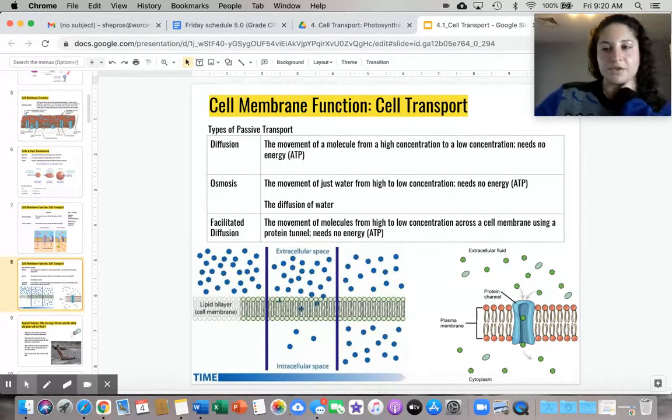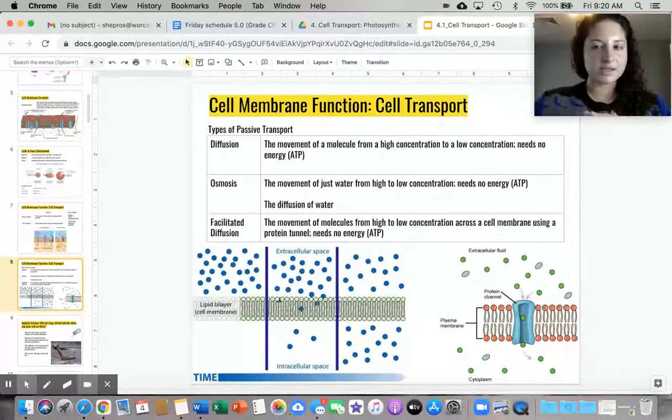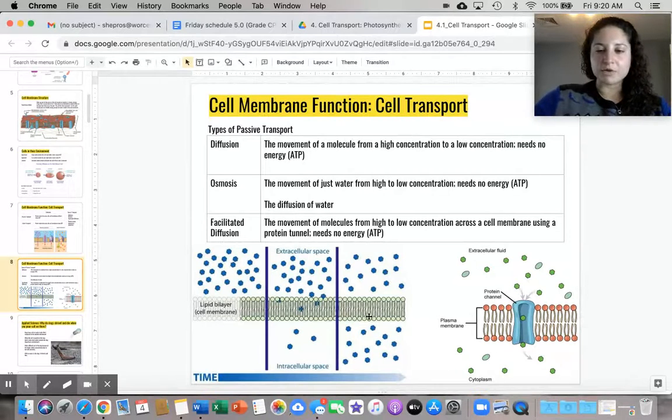And that's what diffusion is. So at this point right here, once everything evens out, that's when diffusion stops. So molecules will still move across the cell membrane, but they'll do it at an equal rate. So the concentrations in the extracellular space and intracellular space will stay the same.